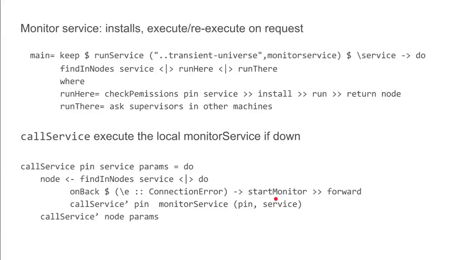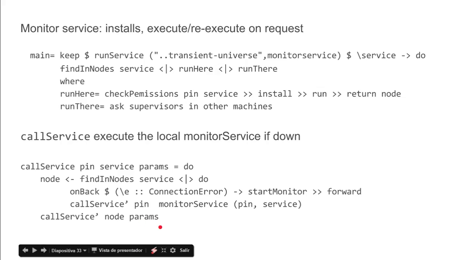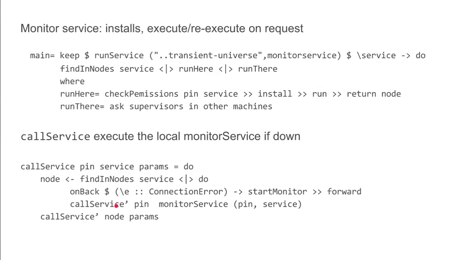So the monitor service will find it, or will install and run it, and because it returns the node, this node will be called by call service to really invoke the service. Here we have a failure: if the monitor service is not executed, or is down, the call service starts the monitor again and retries it.